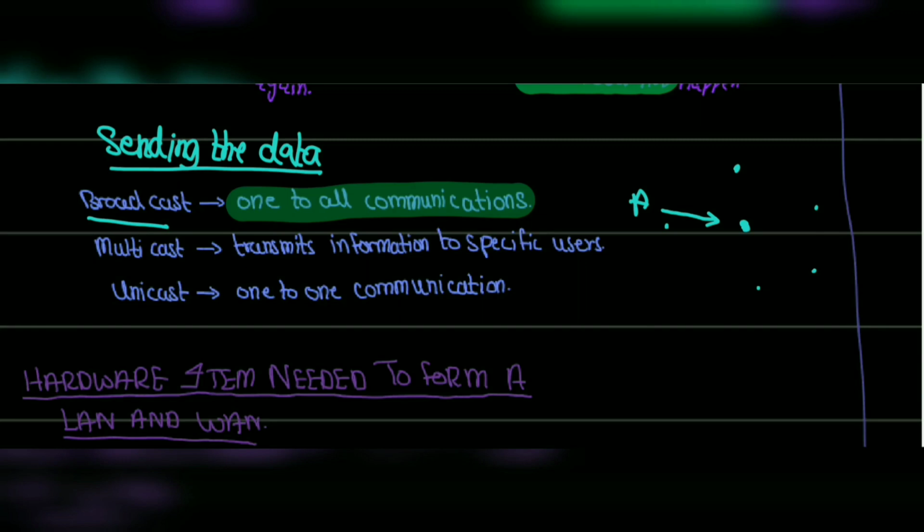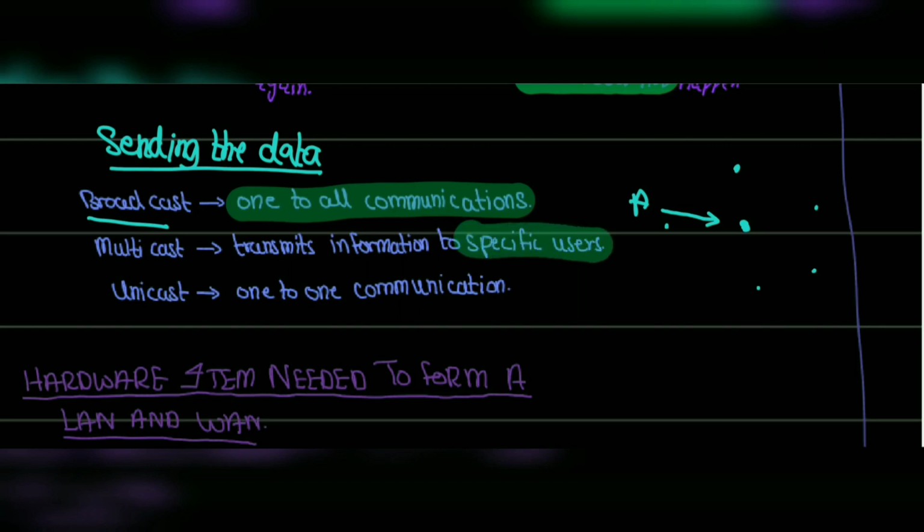A switch is much smarter than a hub. The switch will know that computer A wants to transfer this data to computer B, using the MAC address, and computer B is here. Then it transmits that data. If computer A wants to transmit to three specific computers, like B, C, D, then the switch will do the job for you. So it transmits information to specific users.